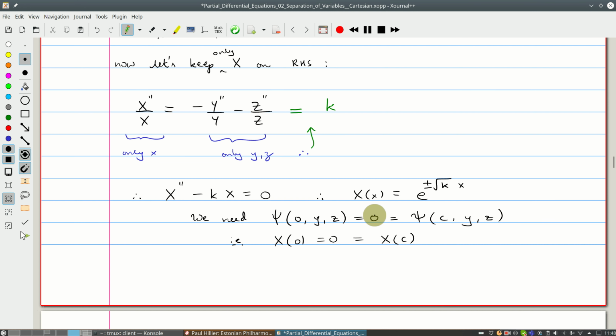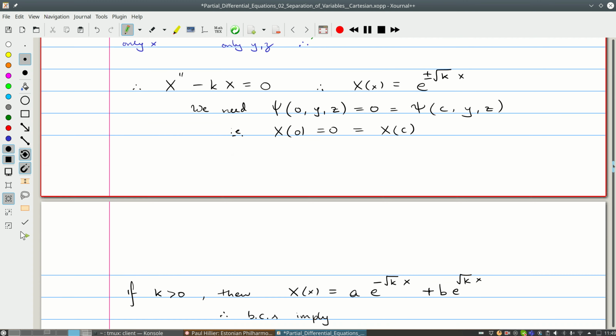This is just a statement that psi is 0 on the face x is equal to 0 and x is equal to c, which means capital X of 0 is 0 and capital X of c is 0. I hope you see this, because only the boundary conditions applied to the x coordinate will apply to the function capital X. Therefore, these are the boundary conditions for the function capital X.